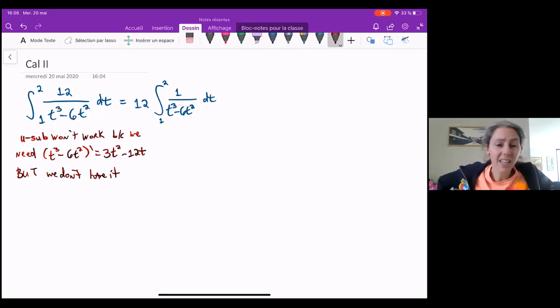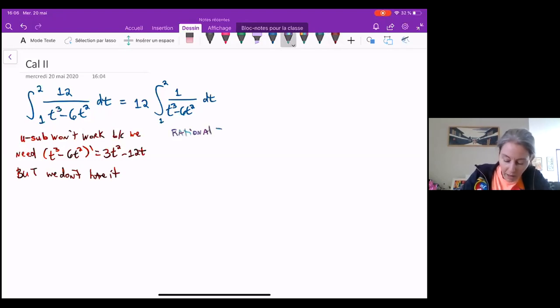This is clearly not an integration by parts problem. I have 1 over t cubed minus 6t squared, which we can't even integrate, so that's not it. Is this a rational function? Yes, this is rational, which tells me that partial fractions is going to be the best bet.